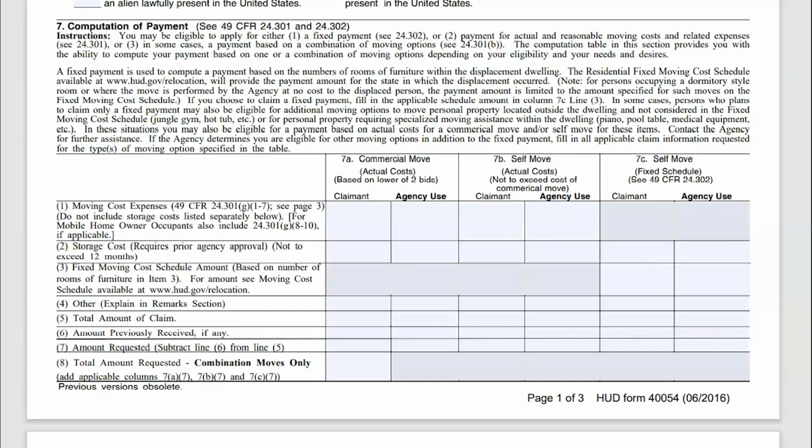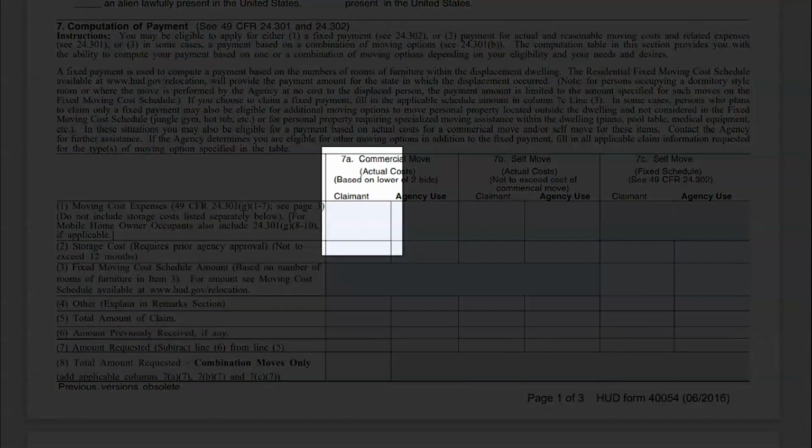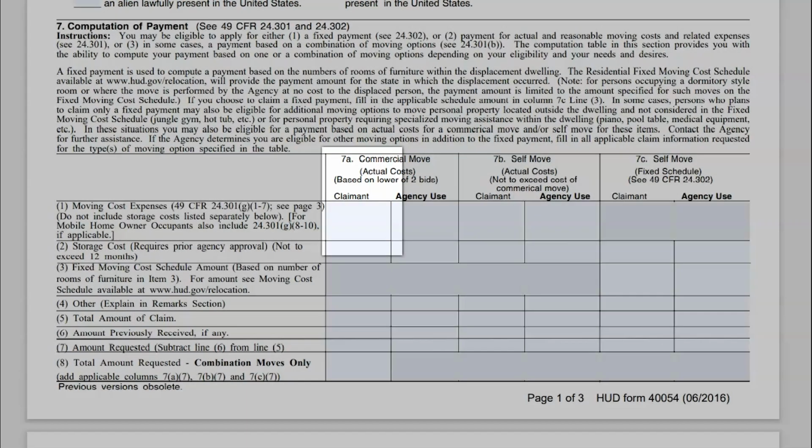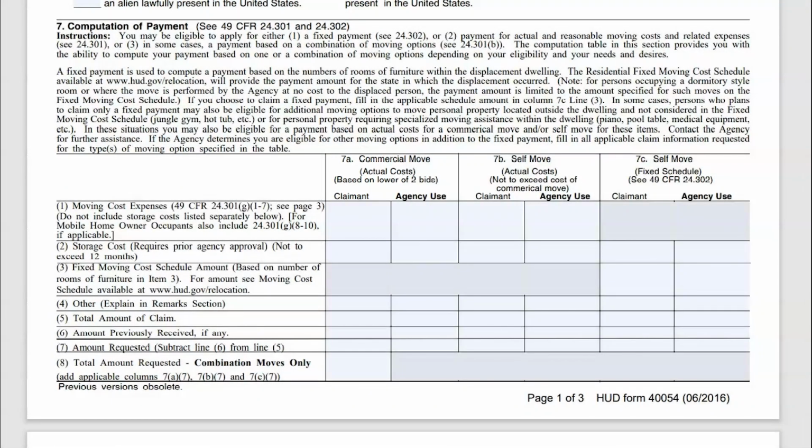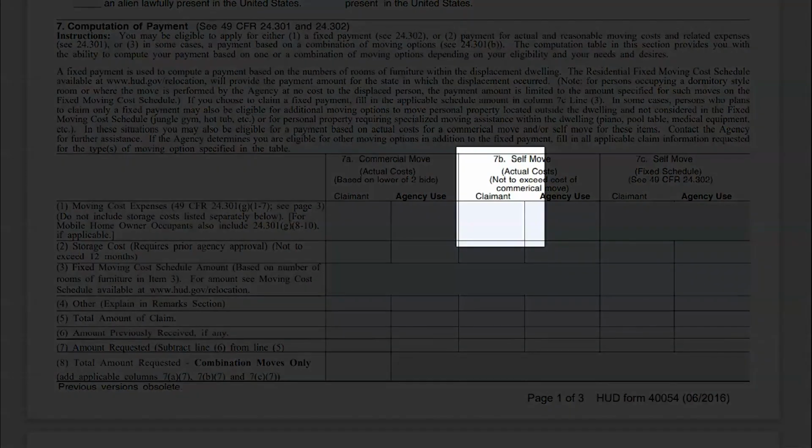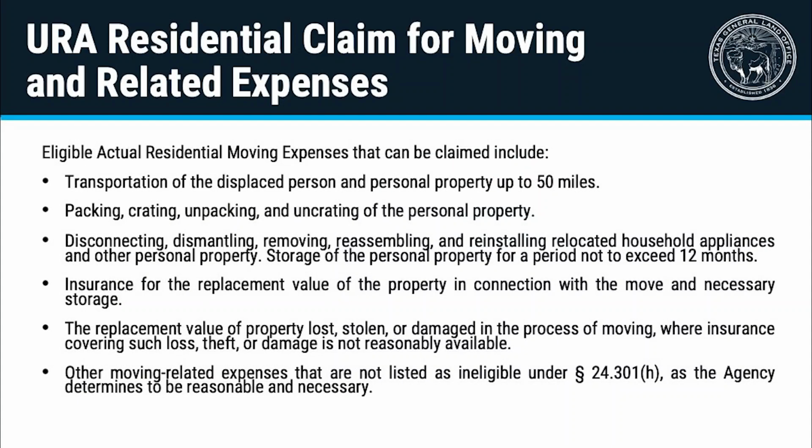First, if the claimant is going to claim actual costs for their move, they can input the total of their actual costs, which they must back up with receipts, in row 1. If the items were moved commercially, they will place this information in 7A row 1, or if the items were moved in a self-move, they will input the costs in 7B row 1.